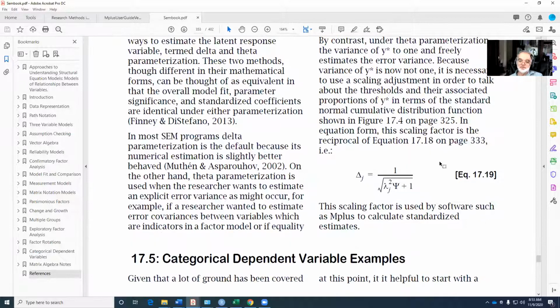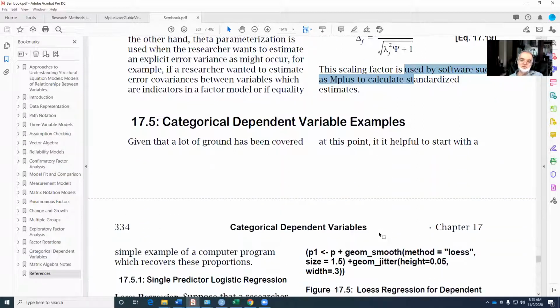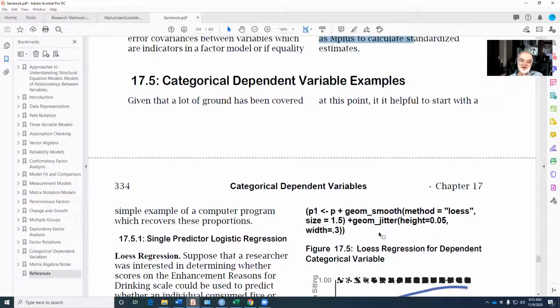And that scaling factor is used to calculate the standardized estimates. So it's a lot of blood, sweat, and tears with a whole bunch of math and a lot of terms, but it's helpful now to finally talk about an example.